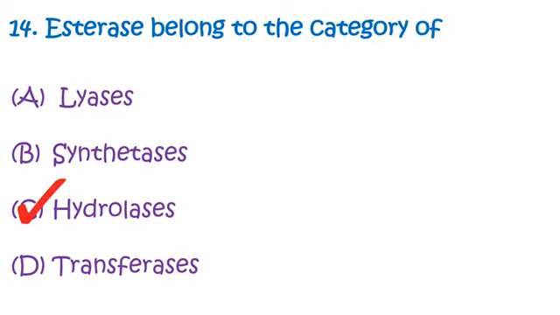The synthetases are also called ligase enzymes, and they catalyze the joining of two molecules by forming a new chemical bond, typically by hydrolysis. Transferases are enzymes which catalyze the transfer of a specific functional group from a donor to an acceptor.